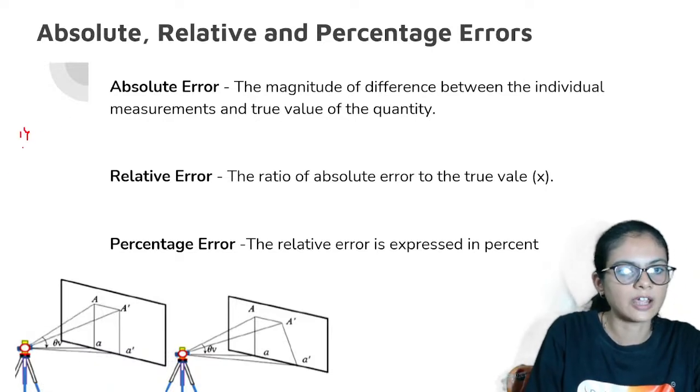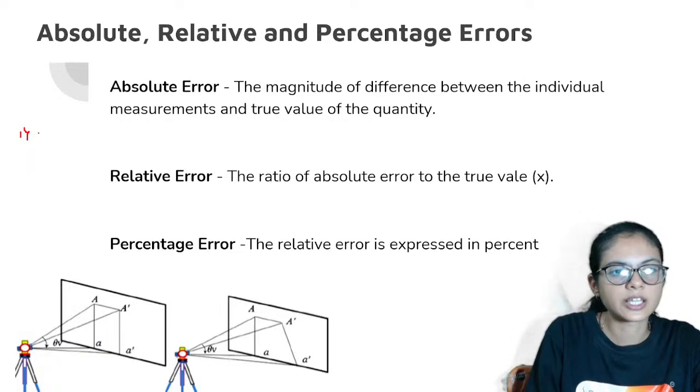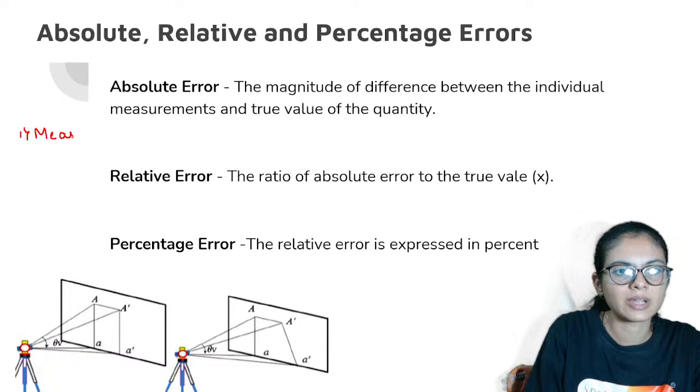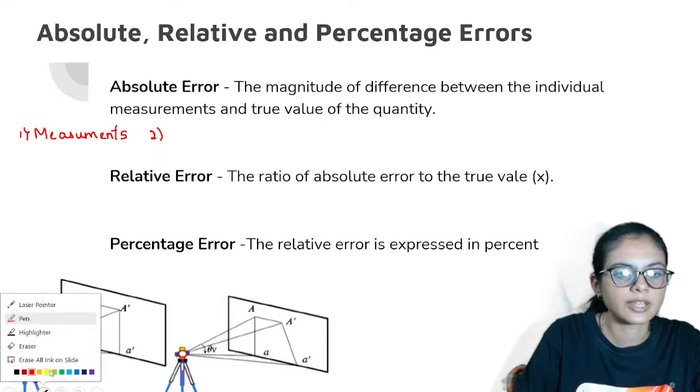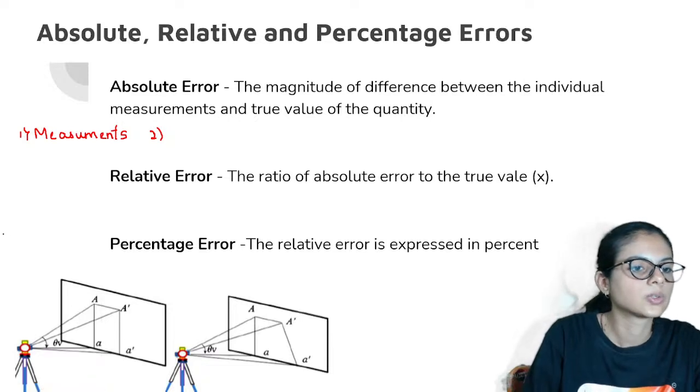In the first step, get the values. Okay, measurements. Let me call measurements a1, a2, a3, a4, and all, nothing but they are the measurements. I took the measurements. So let me write it also here. What is the measurements I take here?